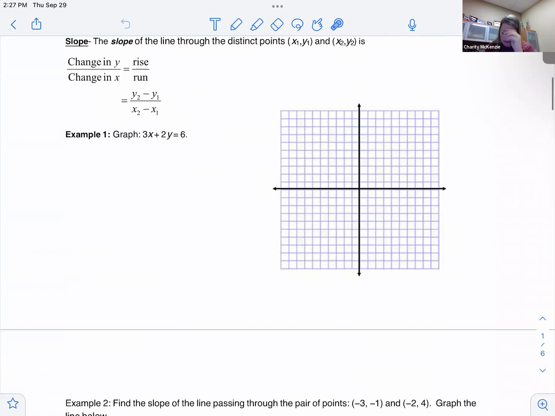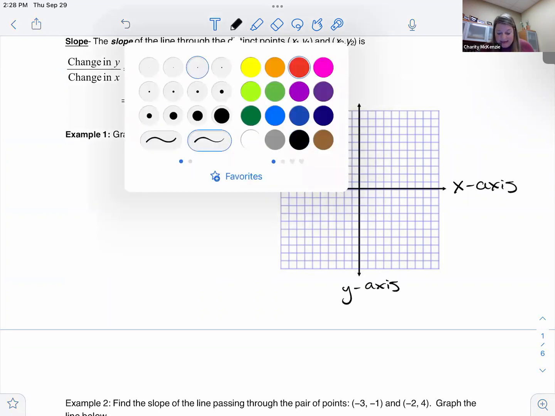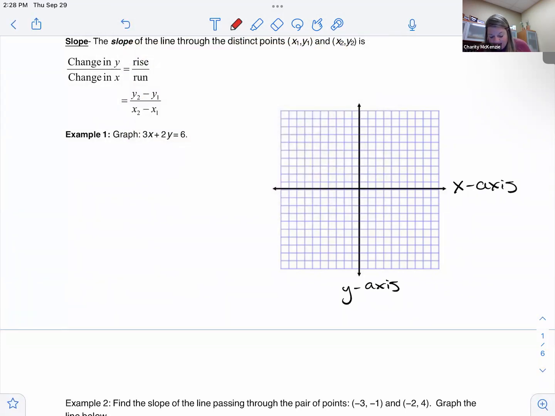So let me show this on here. This here is called your x-axis. This one here is called your y-axis. And just for the sake of explaining these, I'm going to graph some kind of line on this graph.